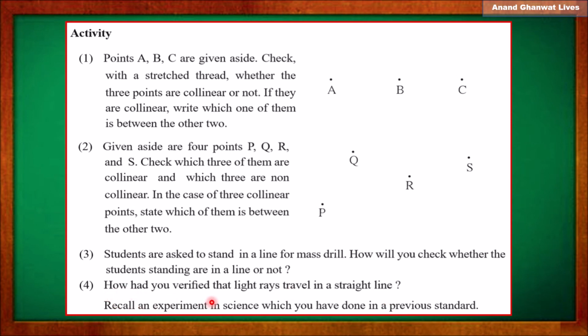Can you remember this? You have done the experiment in previous standards. Recall an experiment in science which you have done in previous standards, and tell how you verified that light rays travel in a straight line. So you can do this activity.